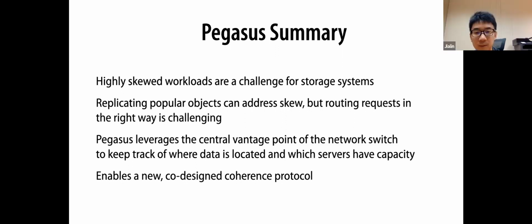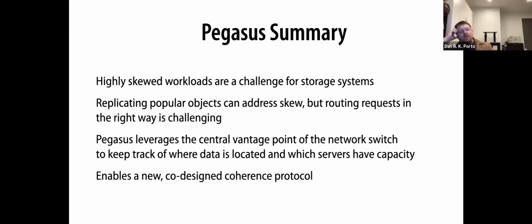Right. The approach that we're taking is that we monitor the workload to see which objects are becoming popular by collecting statistics and monitoring which servers are overloaded. And when the system decides that it wants to replicate an object, it does this by notifying the switch that it would like to increase the replication factor.